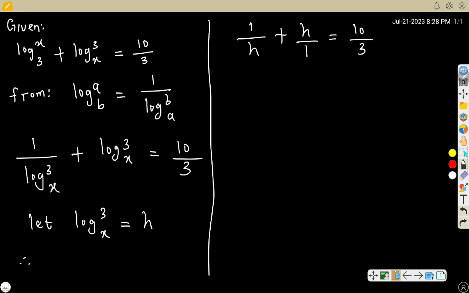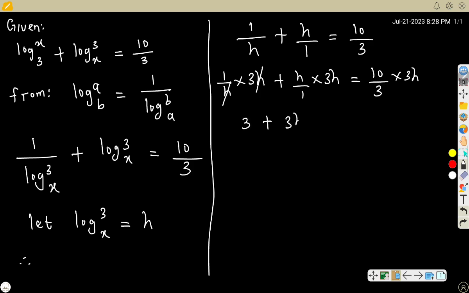Now multiply each term by 3h. If you find the LCM of everything, you will notice that this will cancel. This will remain 3 plus 3h squared equals, 3 will cancel, 10h.